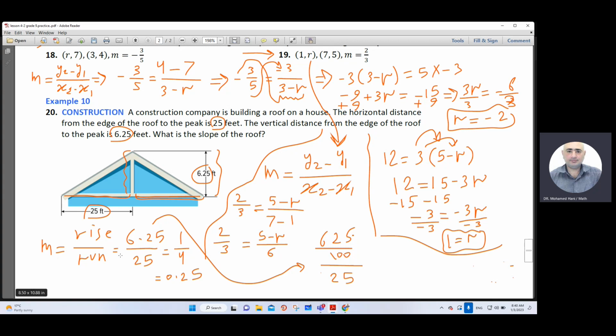Write in your calculator 6.25 divided by 25. Zero point four. 1/4.